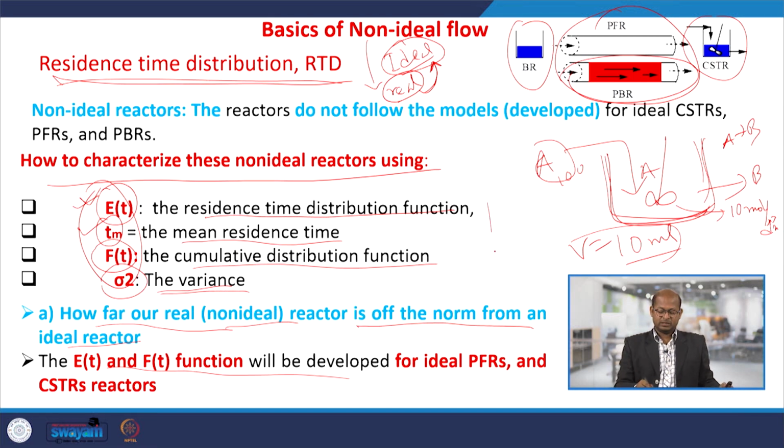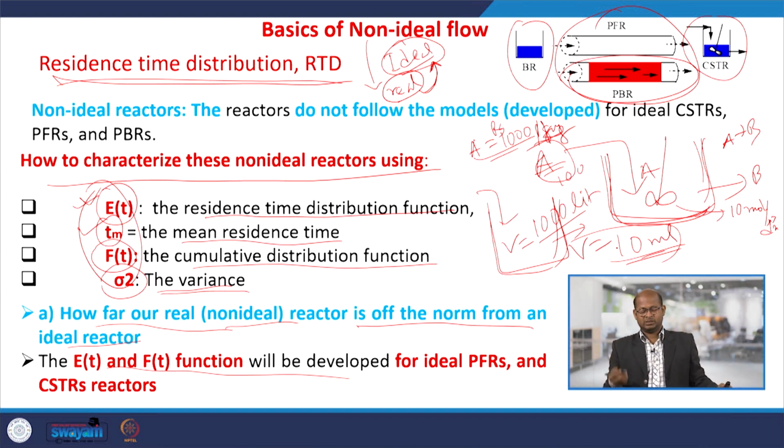But when it is a large scale reactor, here the volume was 10 mL, here let us say 1000 liters. If we check these reactors, then we have to conduct the reactions. But if this reactant is very costly, let us say 1000 rupees per gram, or per kg, then too much reactant has to be passed to check these things, and sometimes this is not possible.